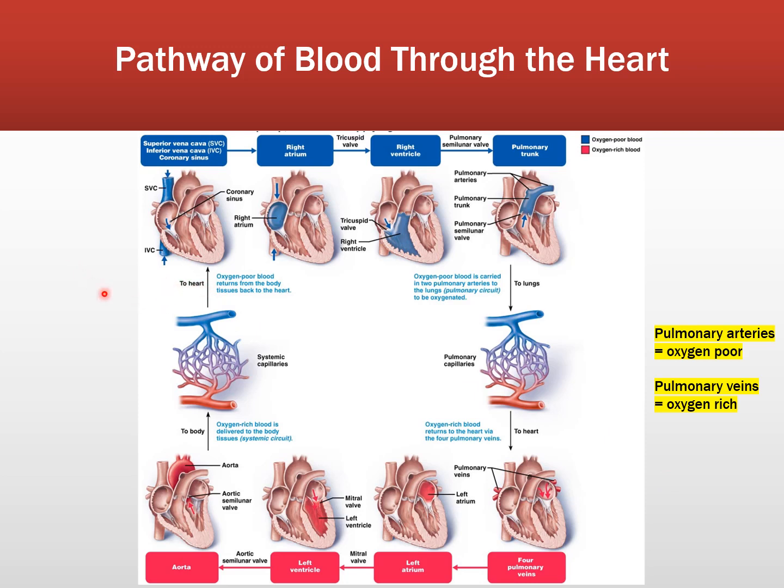We're going to start up here in the right side of the heart. Like I said, we normally talk about the right side first. It's going to receive deoxygenated or oxygen poor blood from the body because the tissues have used up all the oxygen. They're sending the blood back to the heart. So that's going to go through the vena cava.